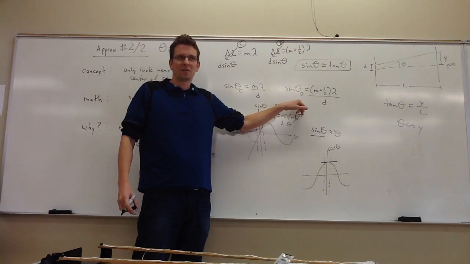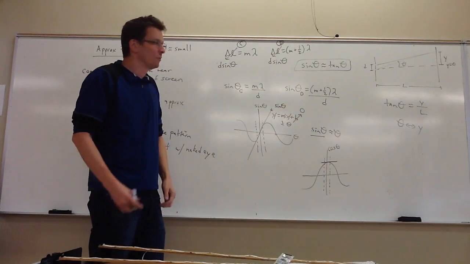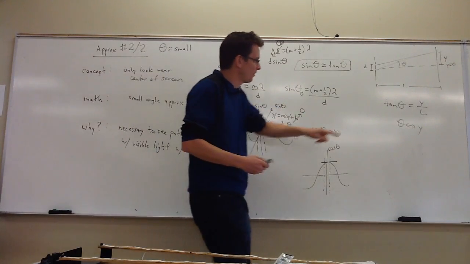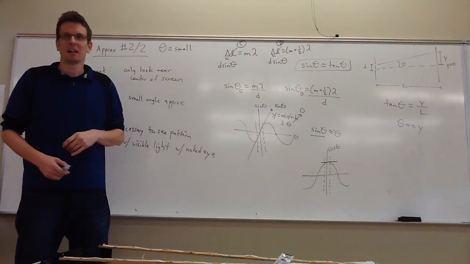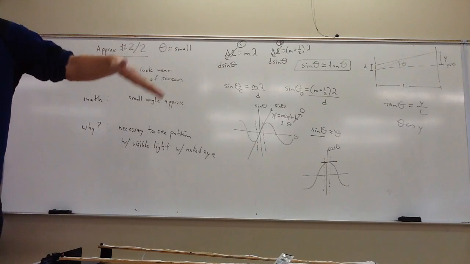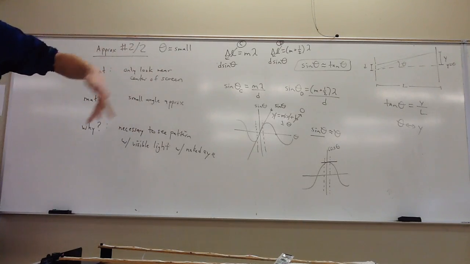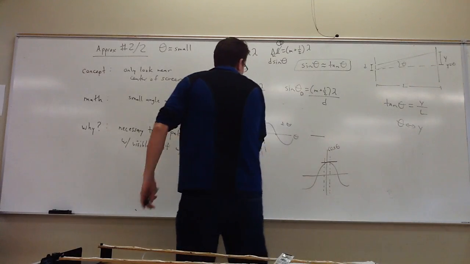So this is where I just replace one with the other and just keep going. So what I do is I take this, which is the tan of theta, and I put it in for the sine of theta over here, and it allows me to convert my formulas from where can I find these things as functions of angle to where can I find these things as functions of y, distance along the screen. So that's where my second approximation comes in.